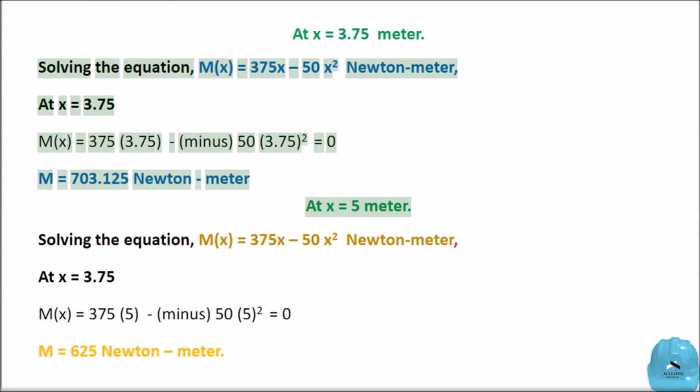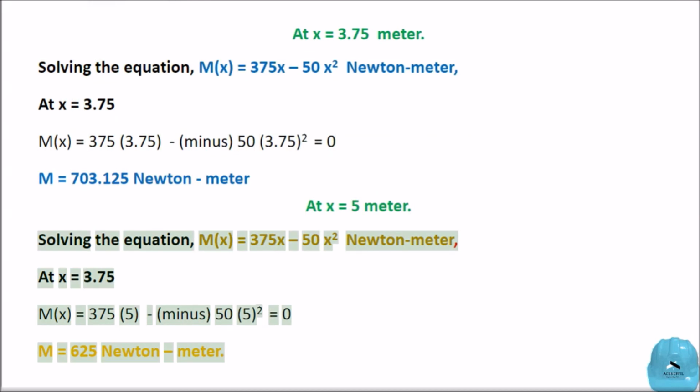At x equals 5 meter, M equals 375(5) minus 50(5)² equals 625 Newton meter.